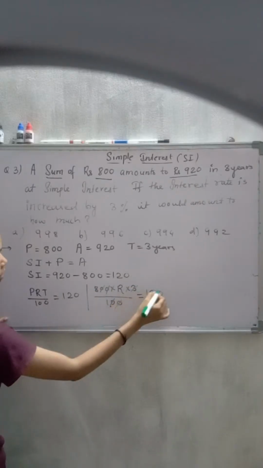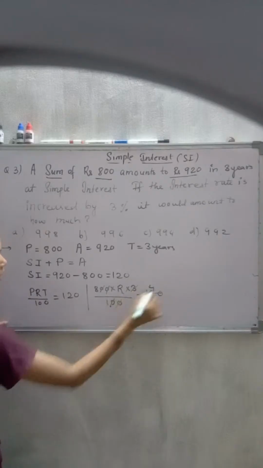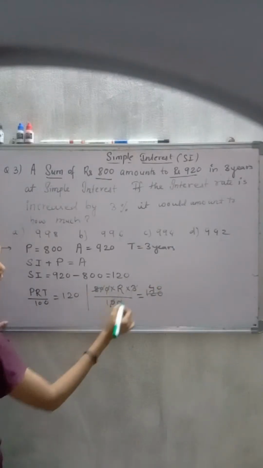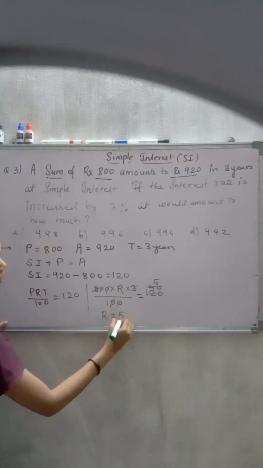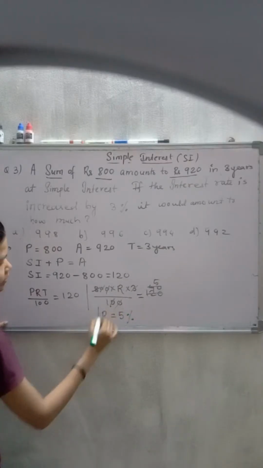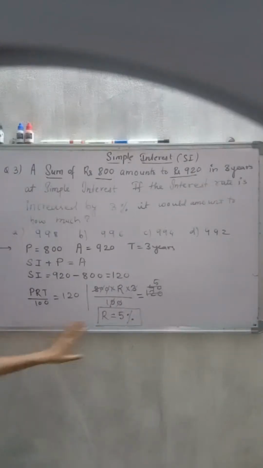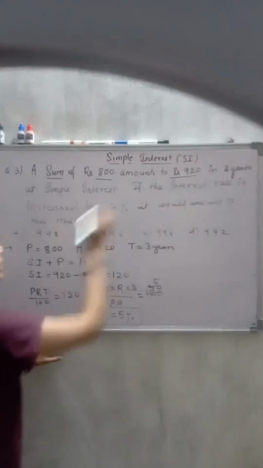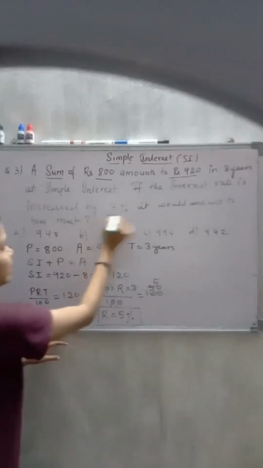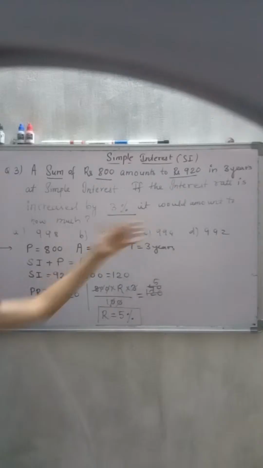Cancel out 3, 4 3s are 12, 8, 5 8s are 40. So rate of interest will be 5%. Rate of interest is 5%, and we want the interest rate if increased by 3% would amount to how much.